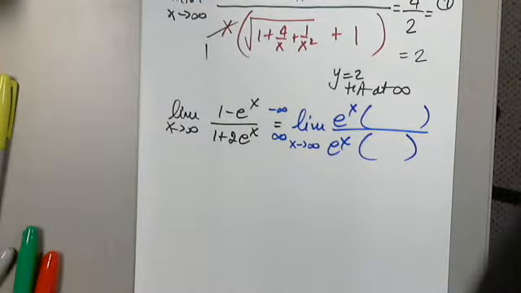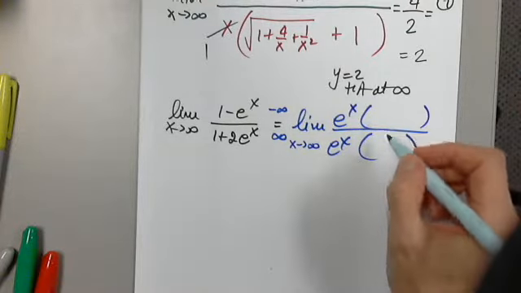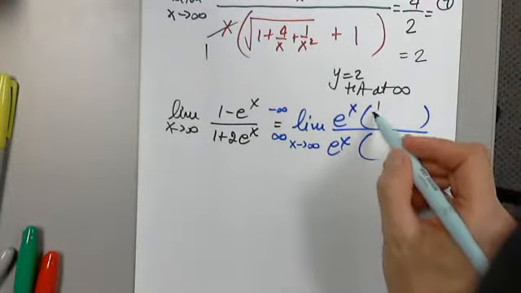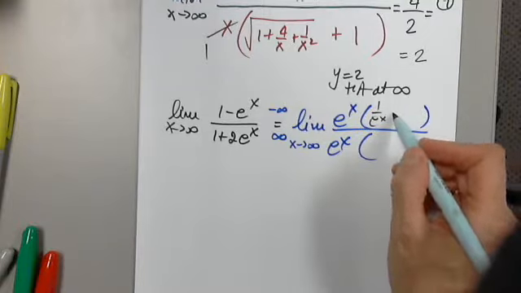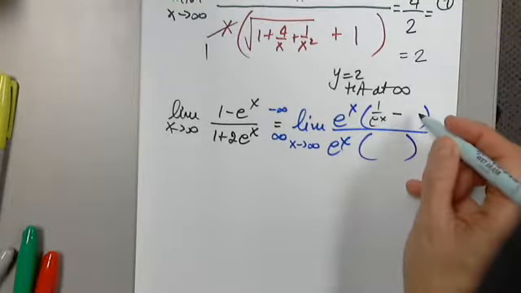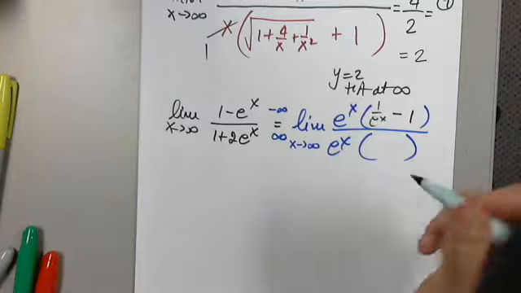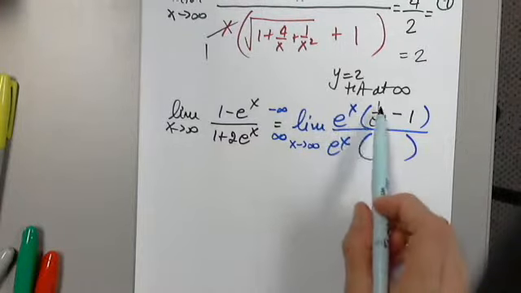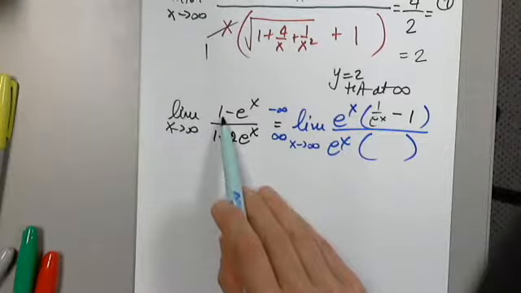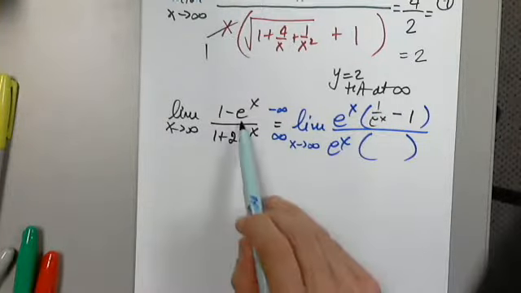So then, what is left in parentheses? 1 over e to the x. Perfect. Minus 1 over e to the, that's a good question. E to the x squared. So let's try. E to the x times 1 over e to the x is 1. E to the x times what is e to the x?